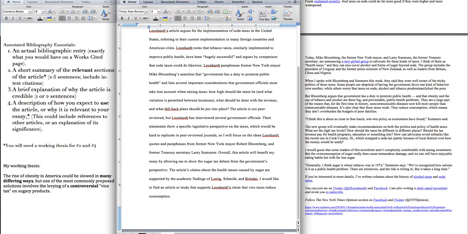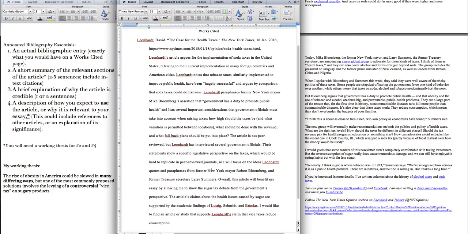So over here, Leonard says that vice taxes or taxes on sugar, he calls them health taxes, but I'm going to call them vice taxes because that's their more common name. He says that having those taxes will reduce consumption. I want to go find a scholarly article or a scholarly study that will support that rather than quoting his article. And that's it. That's all I have to do for my annotated bibliography.